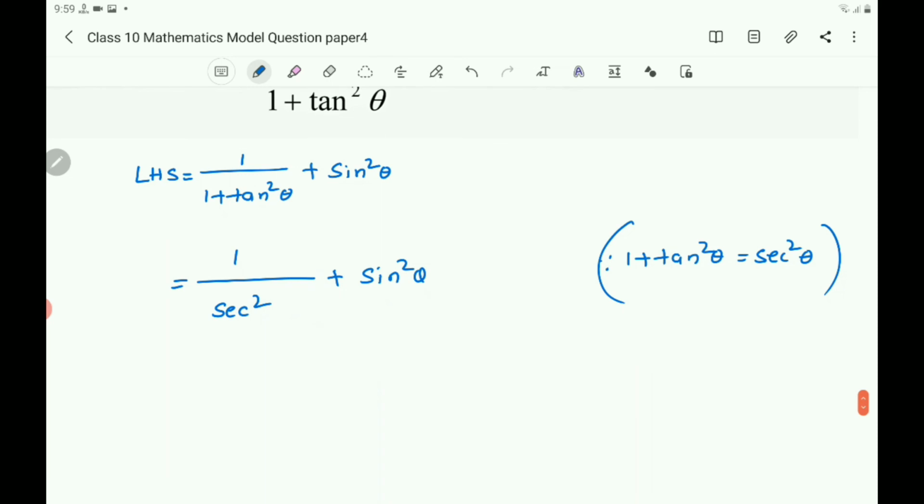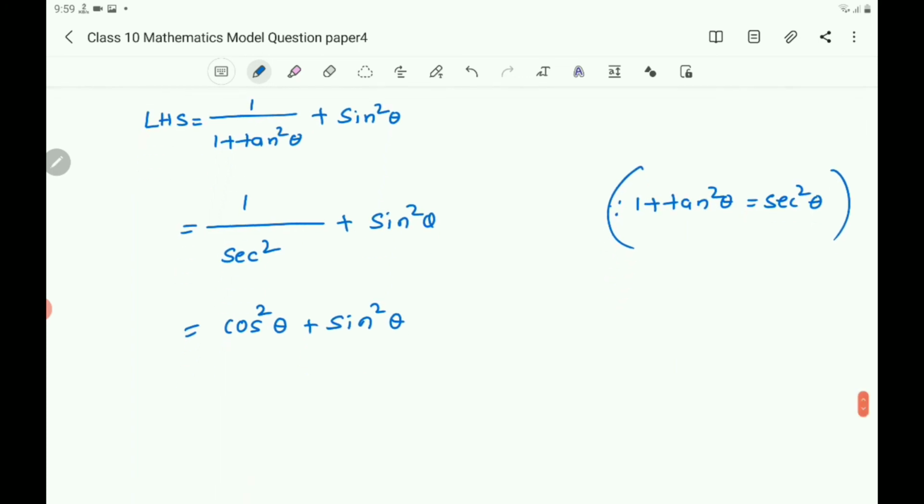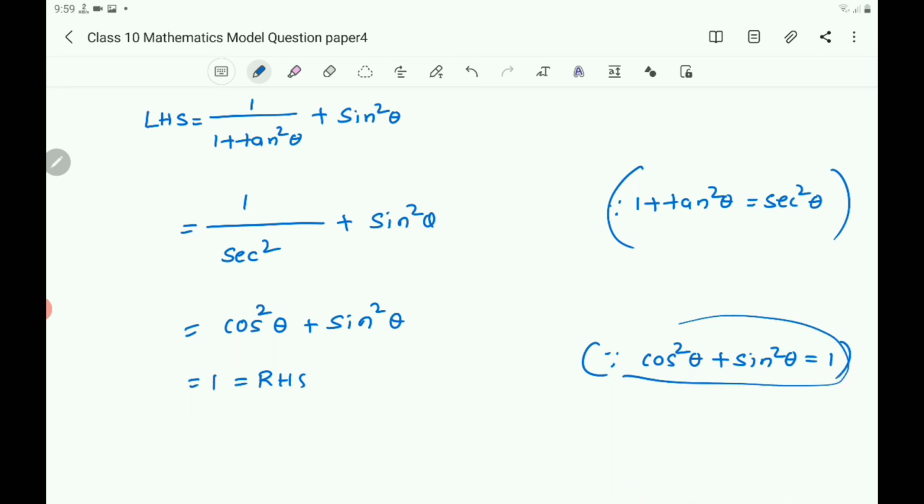Now you know that sec is the reciprocal of cos. It equals what? Cos square theta plus sine square theta, and it is an identity that cos square theta plus sine square theta equals 1. So you can write equals 1, which equals RHS. You must know this identity.